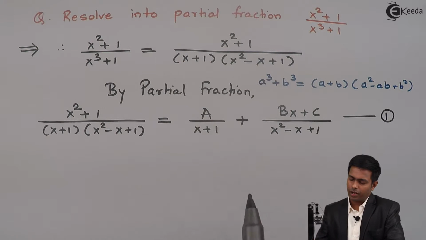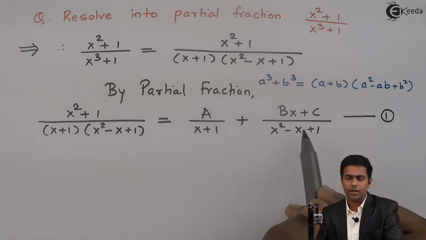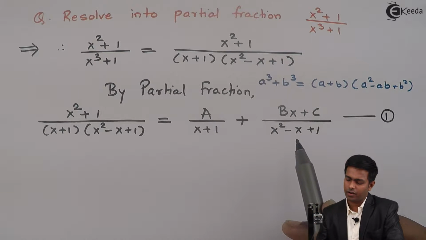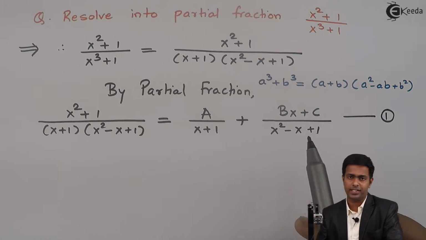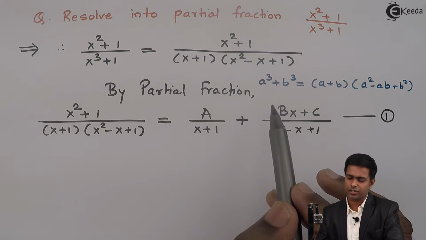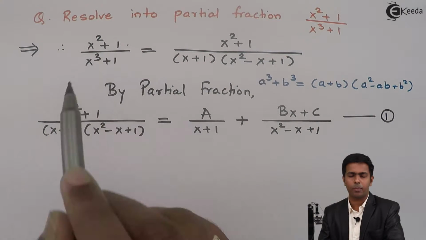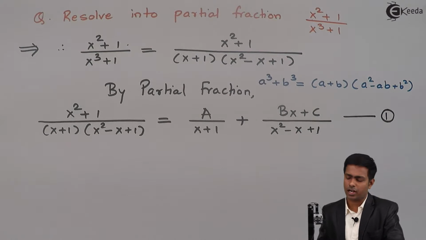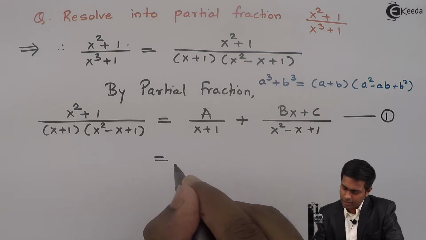So now we will find out the LCM on the right hand side, then we will find out the values of a, b, c, substitute over here, and then we will get the partial fraction for the given term x square plus 1 upon x cube plus 1. So let us start. First of all I will find out the LCM.